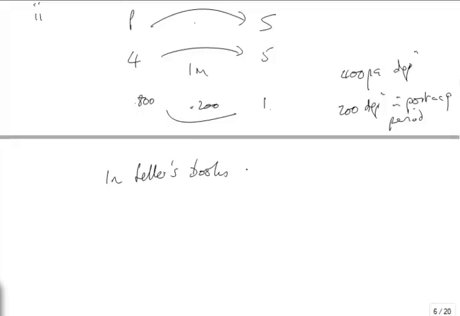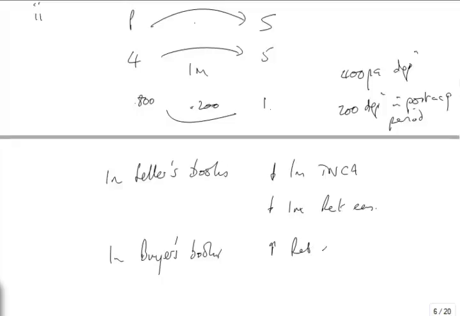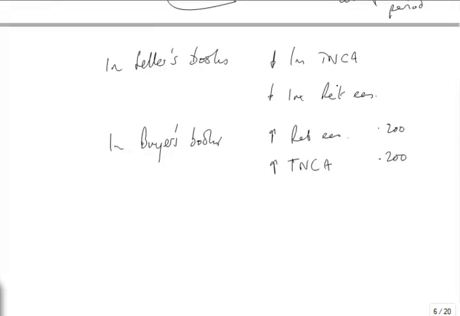This should no longer happen. Reduced by 1 million TNCA and reduced by 1 million the revenue retained earnings. And now I'm only writing this to tell you that this is wrong. In the buyer's books, I need to increase retained earnings by the depreciation of 200 and increase TNCA by 200. This is incorrect. All right?